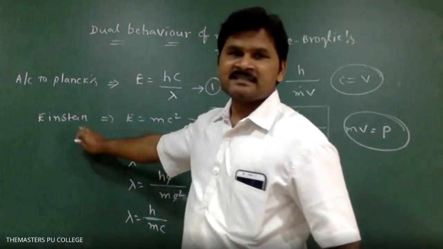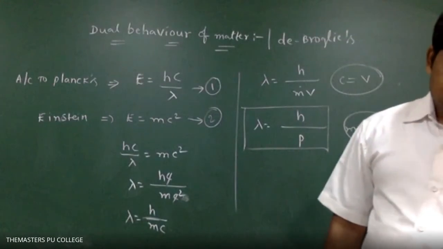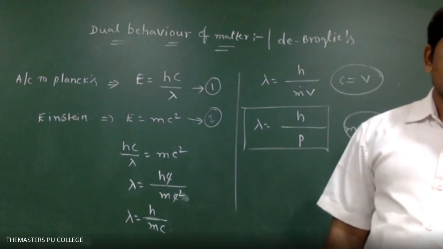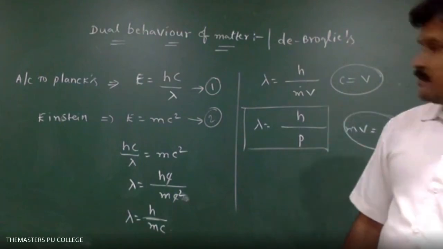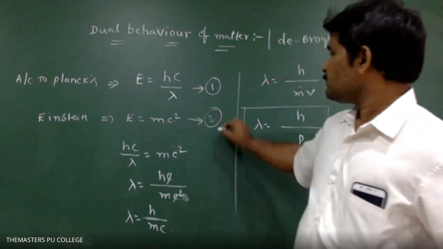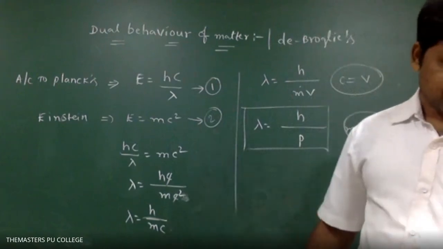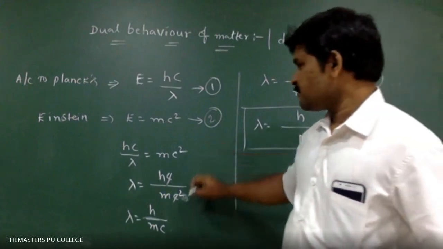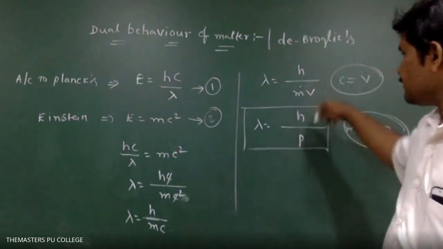According to Einstein's mass energy relation, E is equal to m c square. This is second. Write these as equations 1 and 2. As it is a derivation, please write.